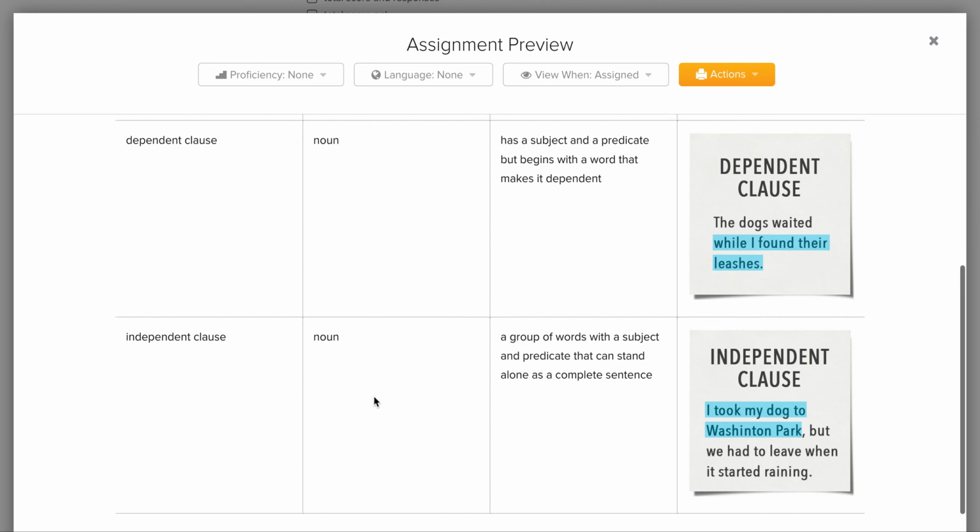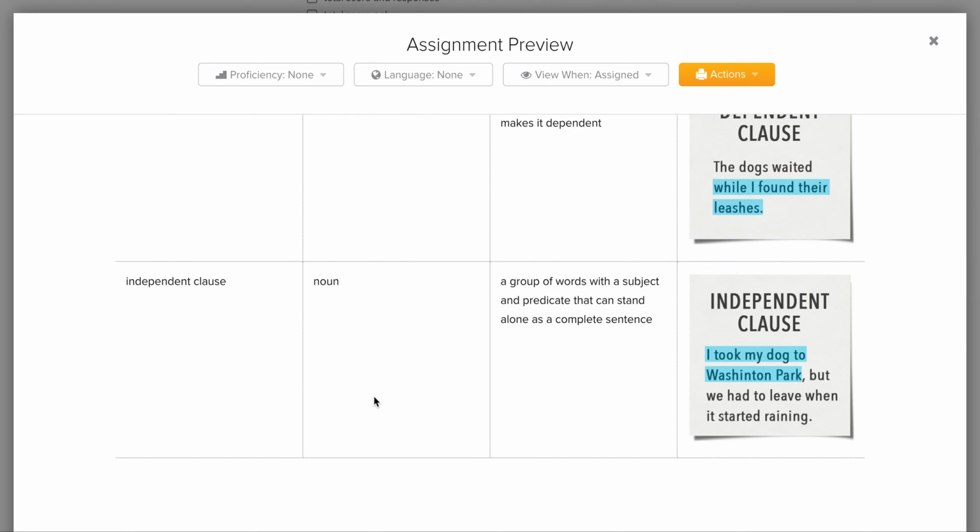An independent clause, on the other hand, is the same as a dependent clause: it's a group of words and it has its own subject and predicate, but it can stand alone as a complete thought. So let's look at this example. I took my dog to Washington Park, but we had to leave when it started raining. This is a perfectly fine sentence.